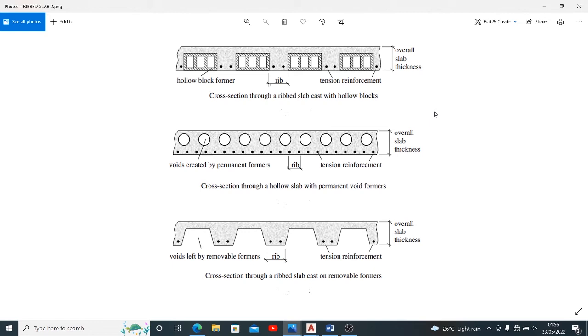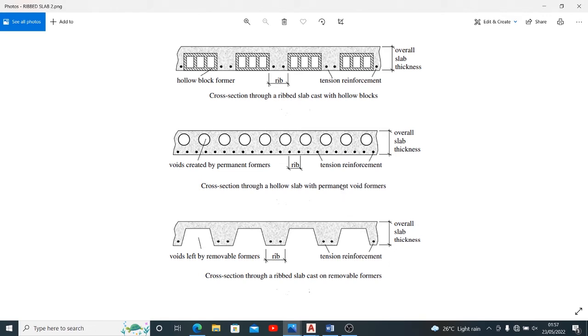So we see that this one falls in the category of the permanent blocks, but it has hollow blocks in its use. The second one is with void formers. And the third one is total voids, right? So without permanent blocks, right?